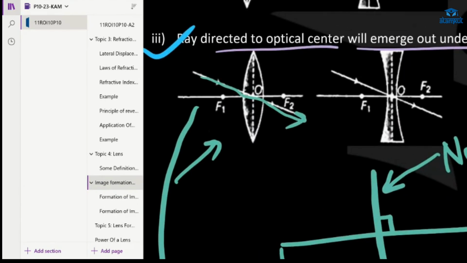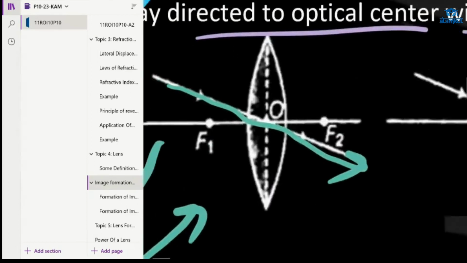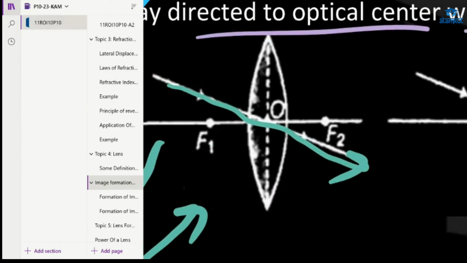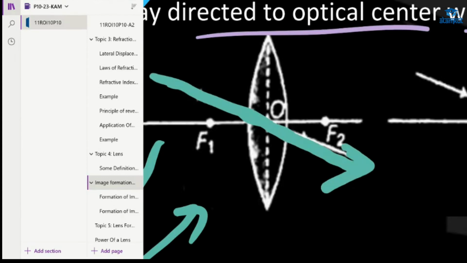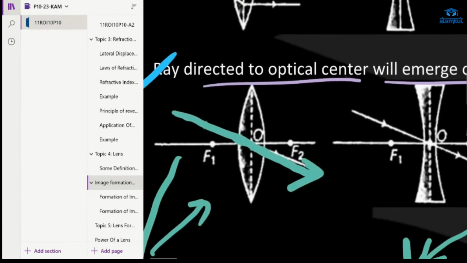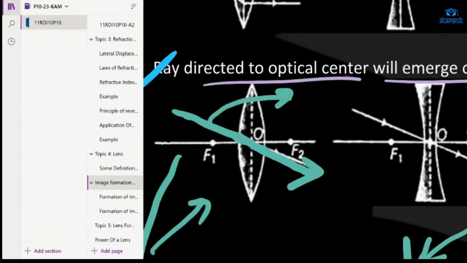It's not perpendicular, but this ray is acting just like a normal, and the ray has crossed this lens undeviated. So this ray is known as what?